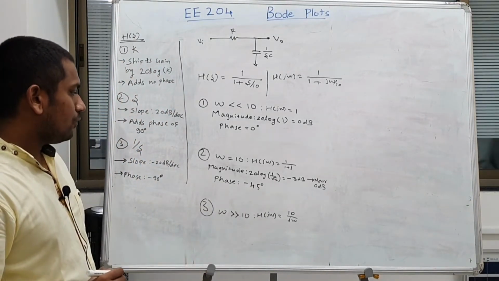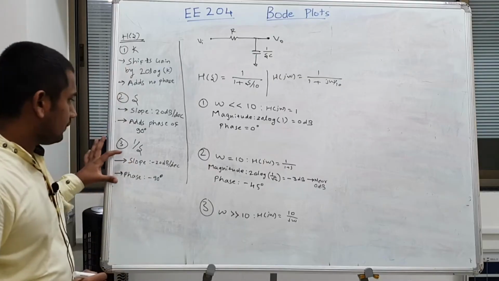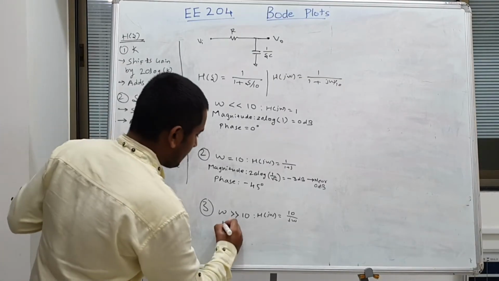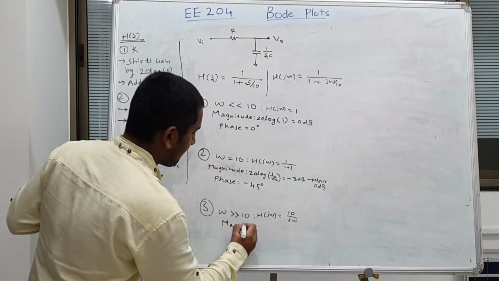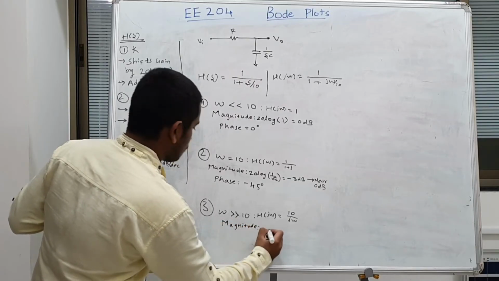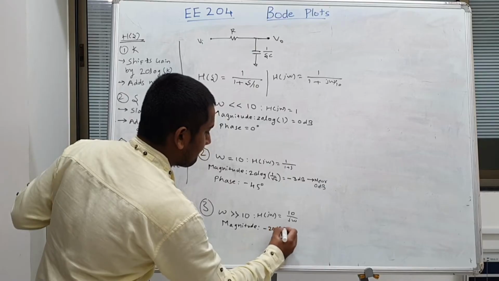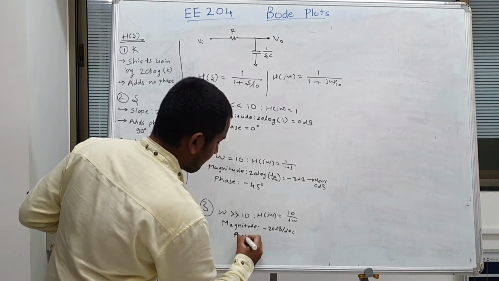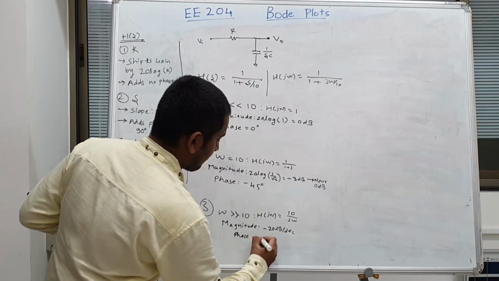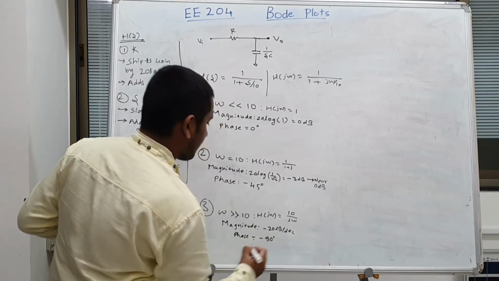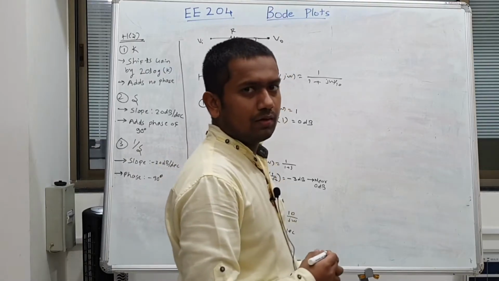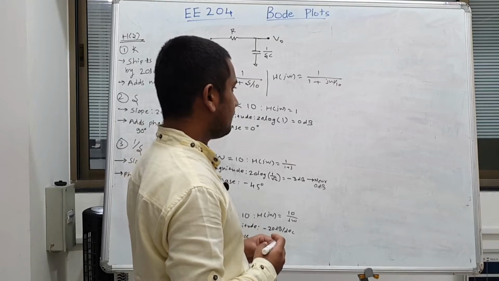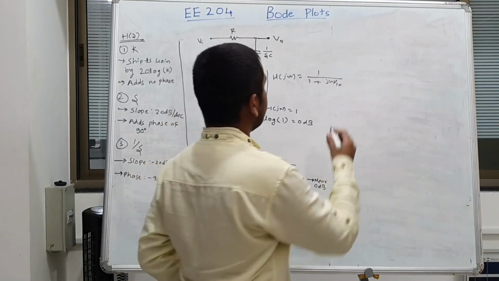And now we can take the knowledge of a pole from here and say that the magnitude has a slope of minus 20 dB per decade and a phase of minus 90 degrees. Now with this understanding, we will draw the magnitude and phase Bode plots.